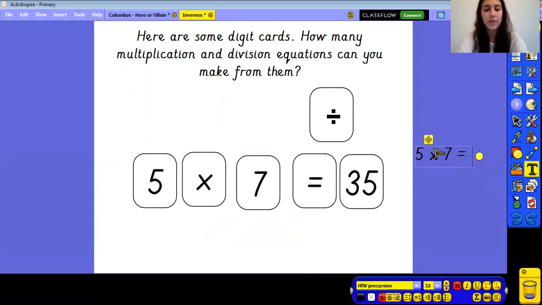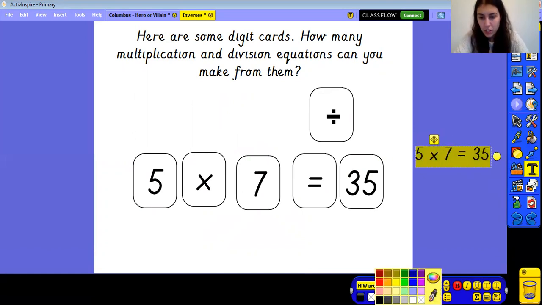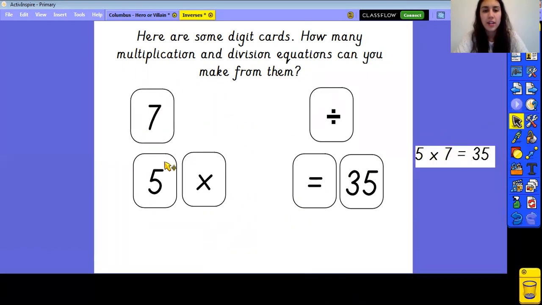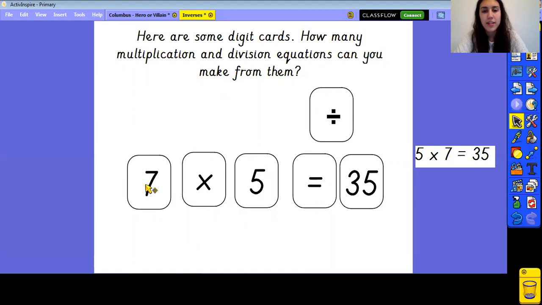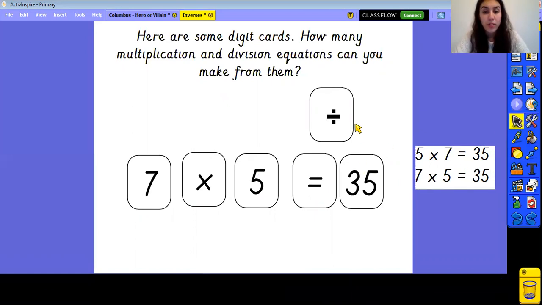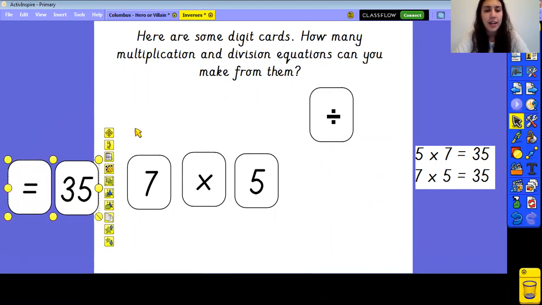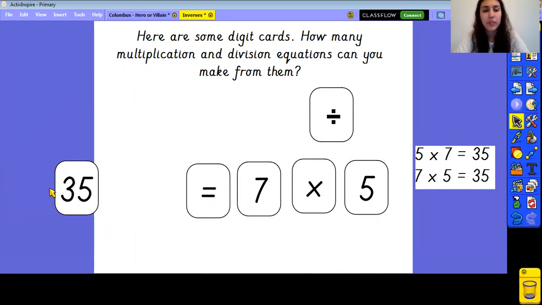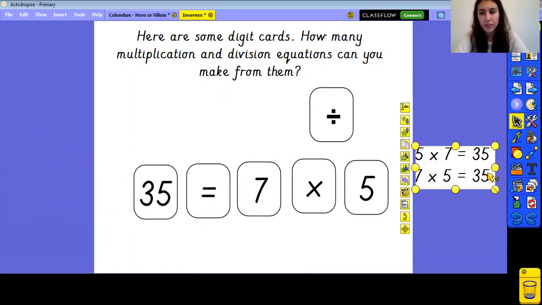Well, I know that multiplication is commutative, so I could have said that 7 times 5 is the same as 35. I also know that I could move this to the front and say that 35 is equal to 7 times 5.